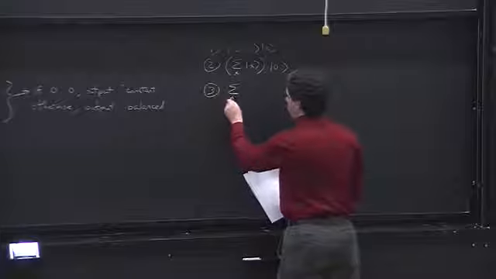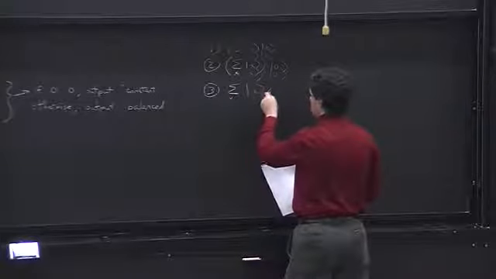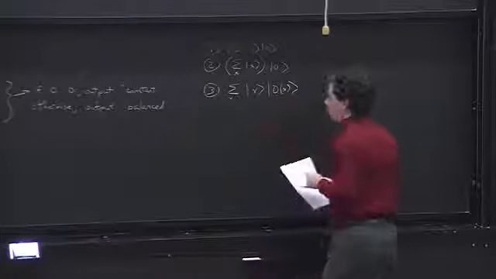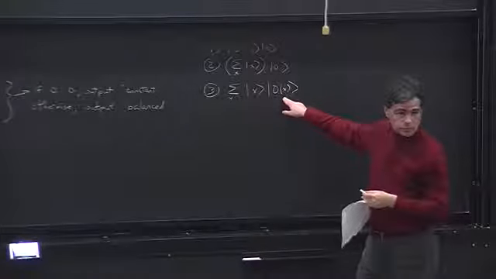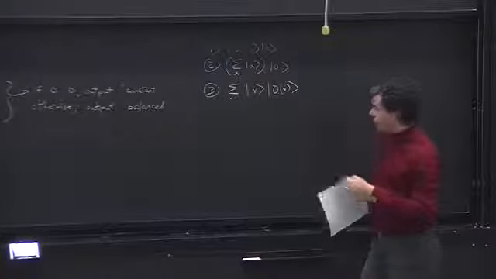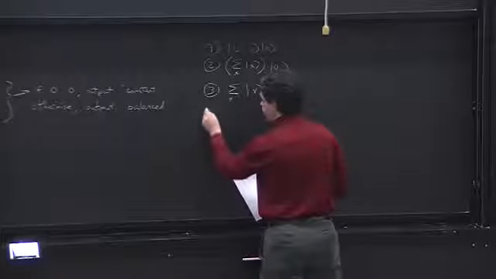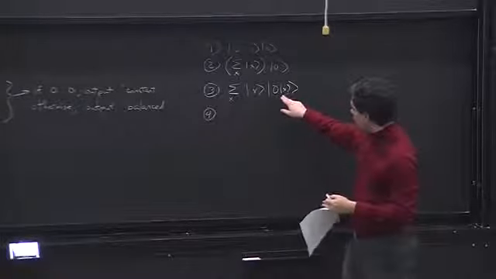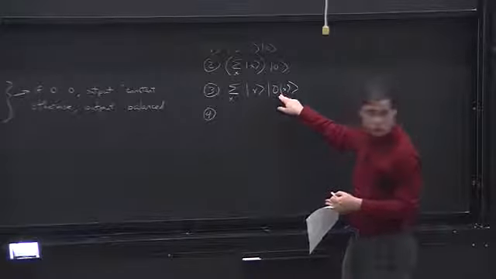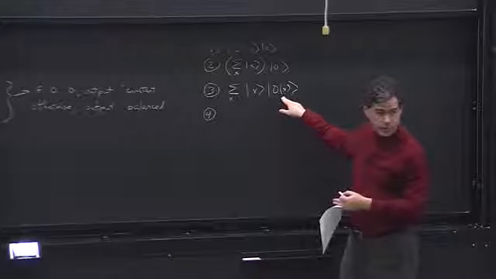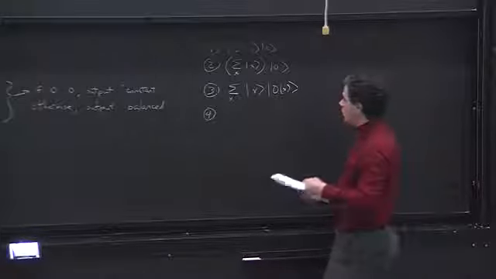So we now have a potentially entangled state that looks like this. Everyone with me so far? Okay, so now, step 4, we do a Z. What does Z do? Well, if this is 0, we get a phase of +1. If this is 1, we get a phase of -1. So we have this state.